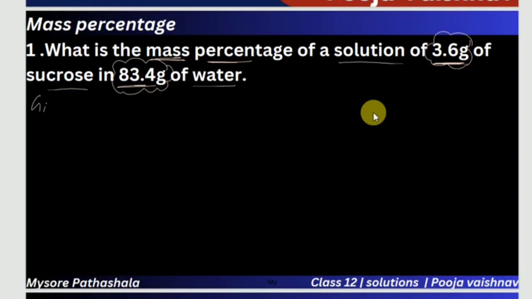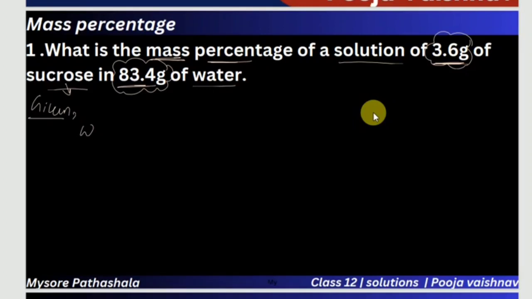Whenever you solve any problem, first write down the given part and see what we need to find out. The given part here is the mass, expressed as W, mass of solute. Here the solute is sucrose, right? In every problem in this solution chapter, you need to find out what is the solute and what is the solvent.